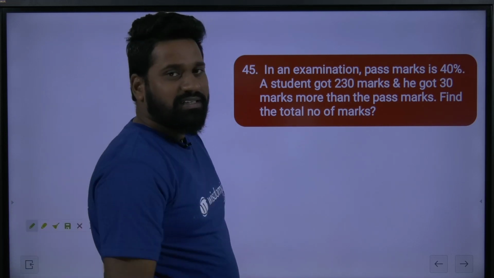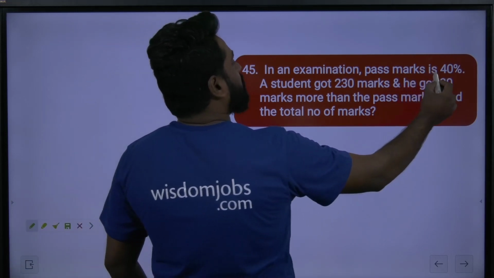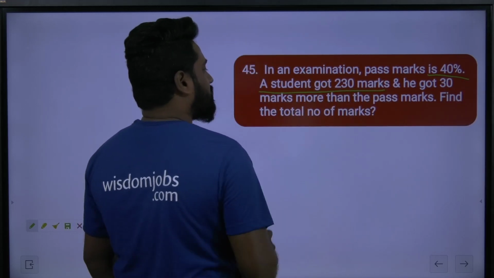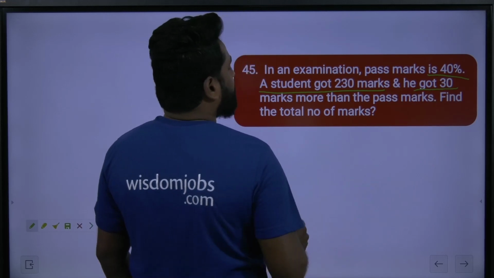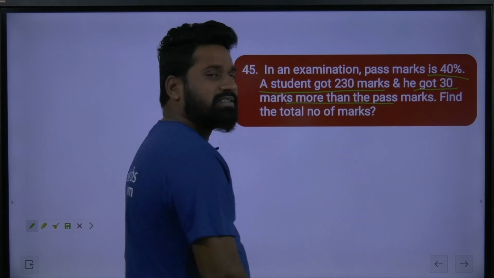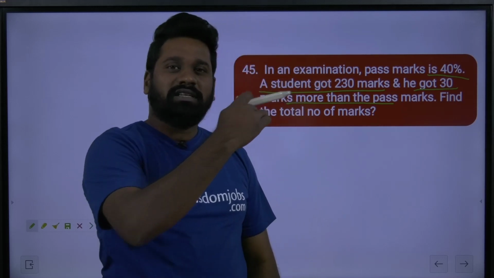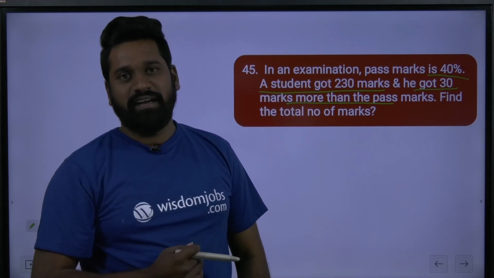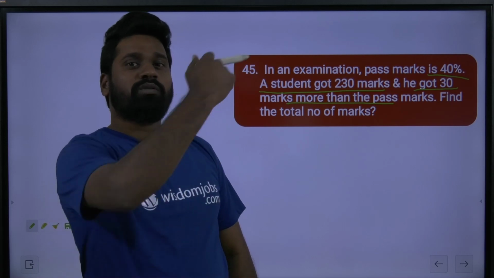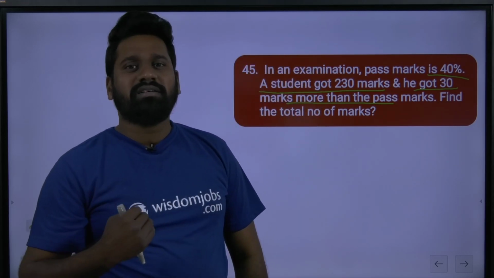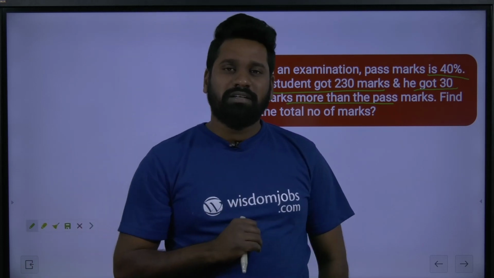But here is something different from those three. In the previous one, 6 marks less than the pass, that is why failed. But here 30 marks more than the pass is given. If you remove those 30 marks, again it represents pass marks only.